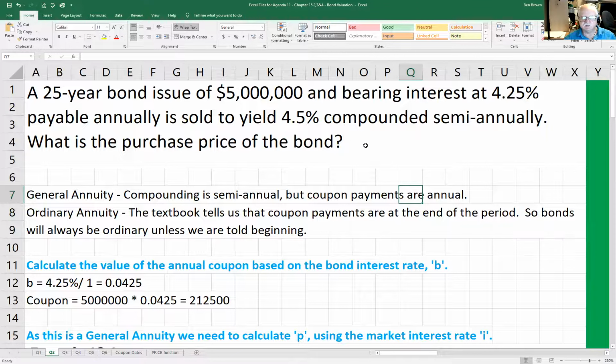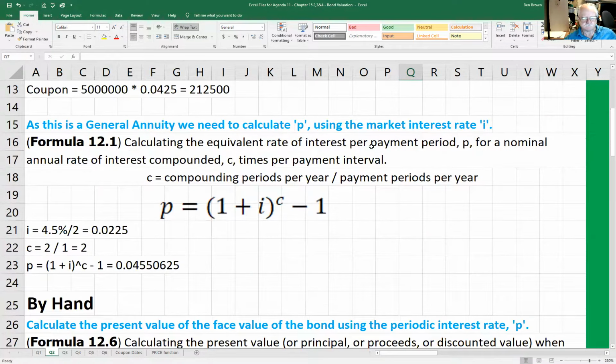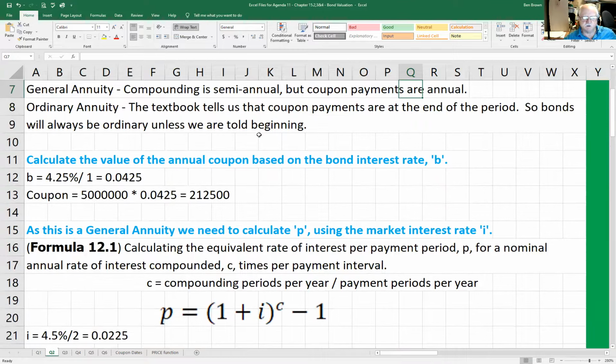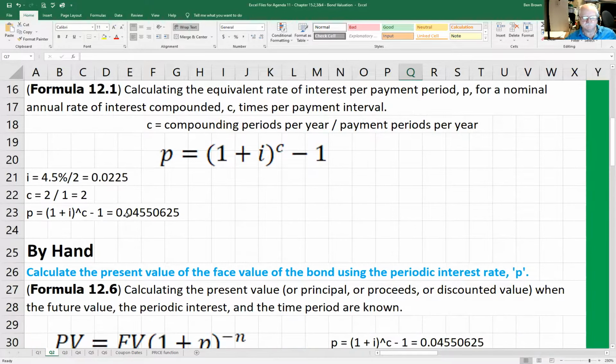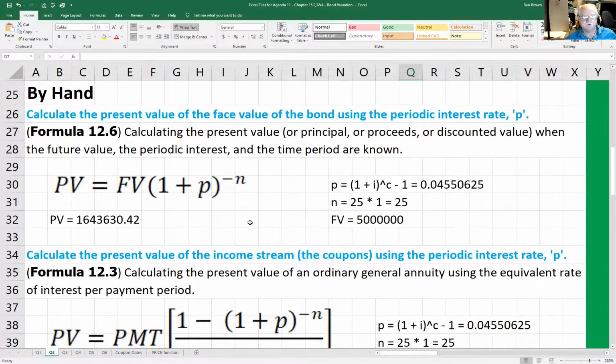So, but we still have to find the purchase price of the bond. Because it's a general annuity, if we're doing it by hand, we have to calculate the value of P. So we come up with this value, and I'll always store this in register 3.